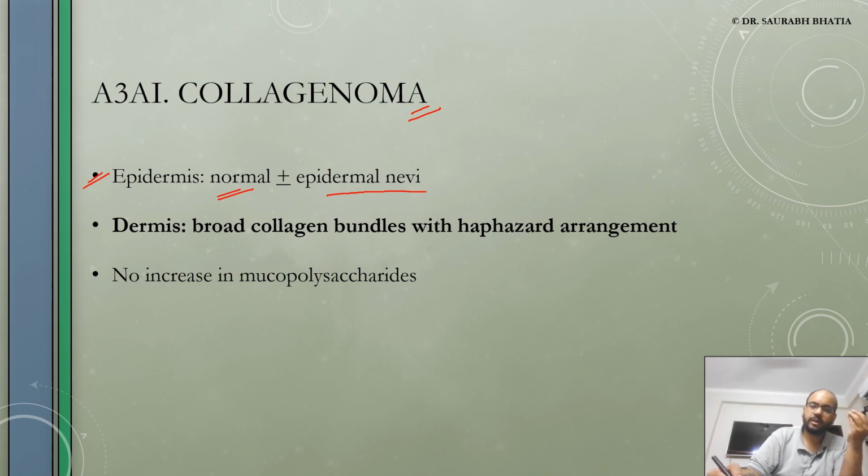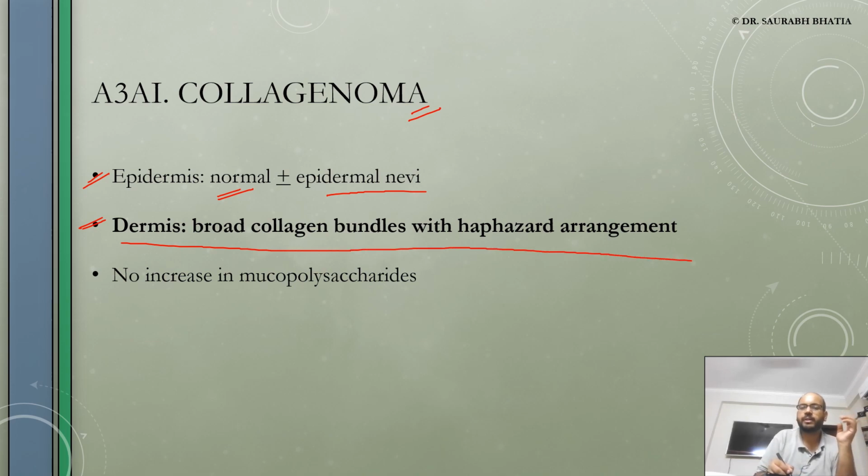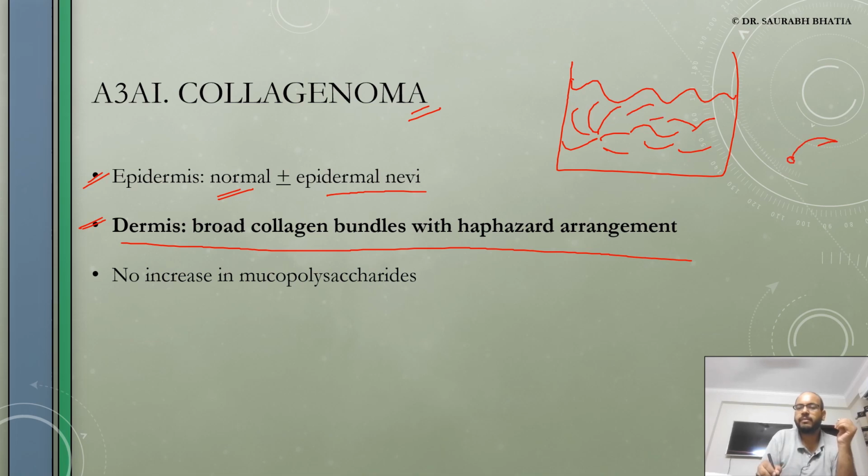So in collagenoma, we know that it's a hamartoma composed of collagen. The epidermis might be normal, or it can have an epidermal nevi. Okay. So the dermis has broad collagen bundles with haphazard arrangement. Now in normal pathology or normal biopsy, you will see storiform arrangement of collagen. Storiform means wavy, pinwheel. Okay, remember pinwheels? We used to have them in childhood, these paper wheels.